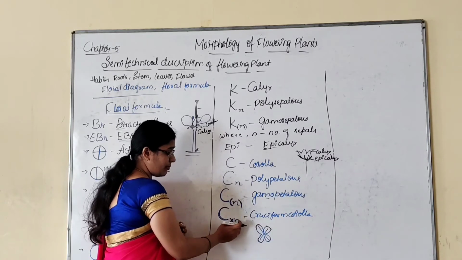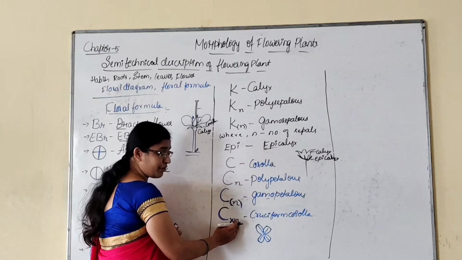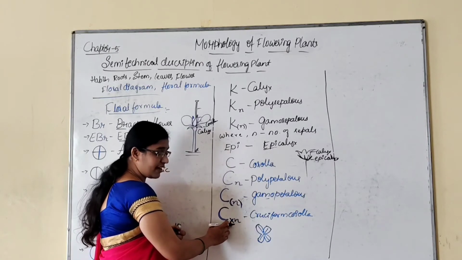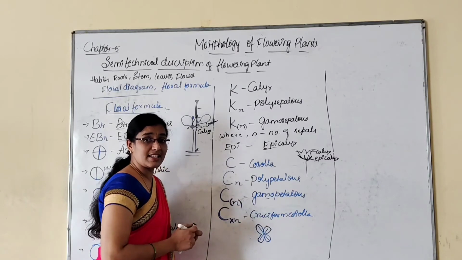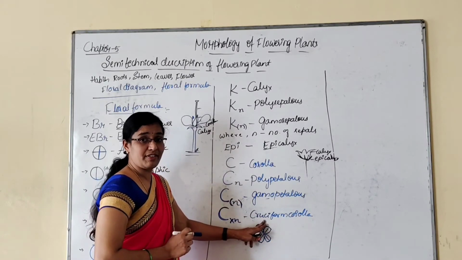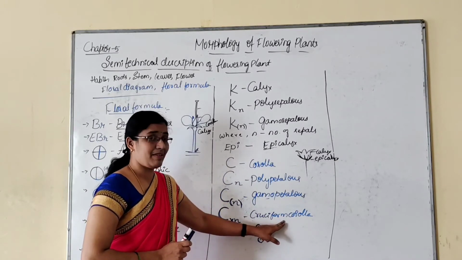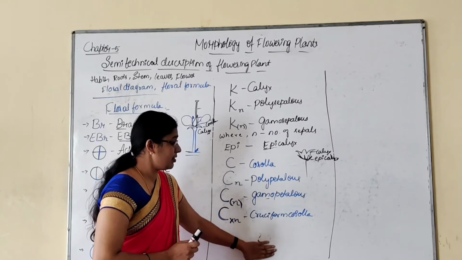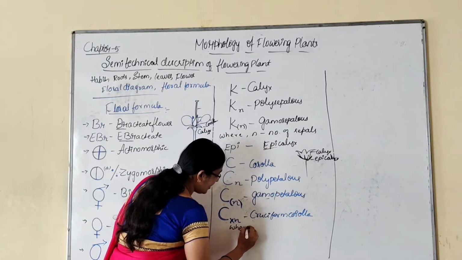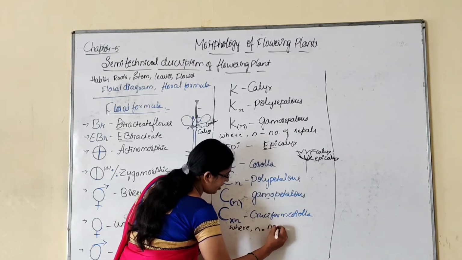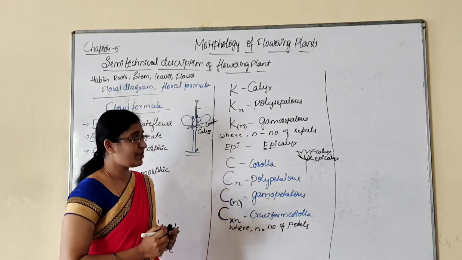So here 4 petals are present, so we can write C cross 4. That means the 4 petals are arranged in the form of a cross. So that is called the cruciform corolla. This can be seen in the mustard family, the Brassicaceae family, where we come across the cruciform corolla. Here N is the number of petals.